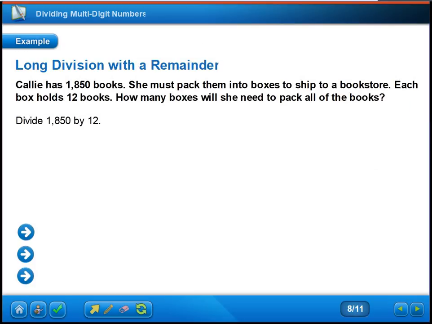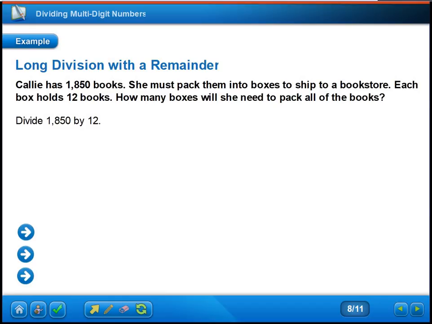Alright, so now what we're going to look at is what happens when we have a remainder. So we're going to do a problem that's going to give us a remainder, and then we're going to look at how that might impact a problem. So here I have Callie, who has 1,850 books, and she must pack them into boxes to ship them to a bookstore. Each box holds 12 books.